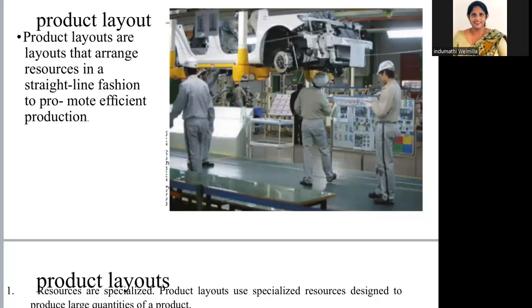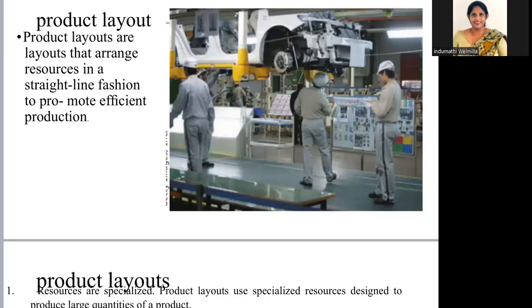So in this layout system, operation managers must decide exactly what tasks will be performed by every workstation in the sequence. They need to consider the logical order in which jobs should be done.